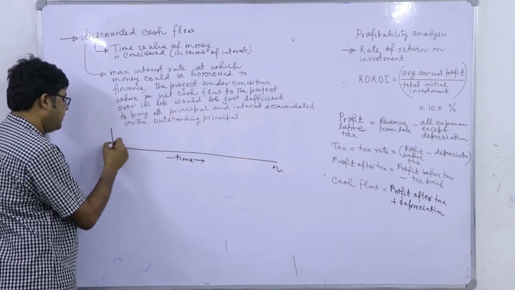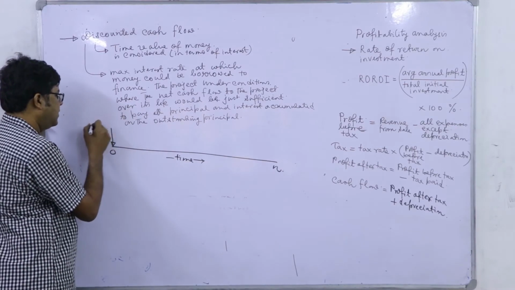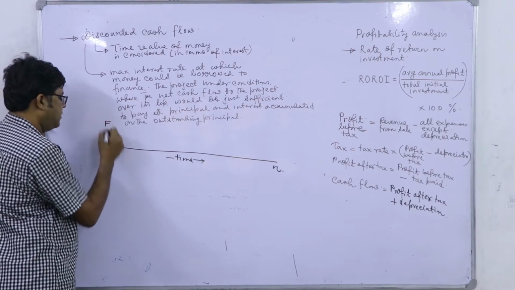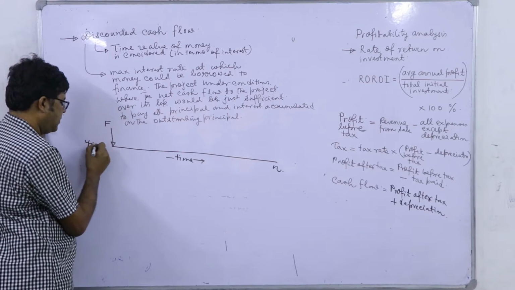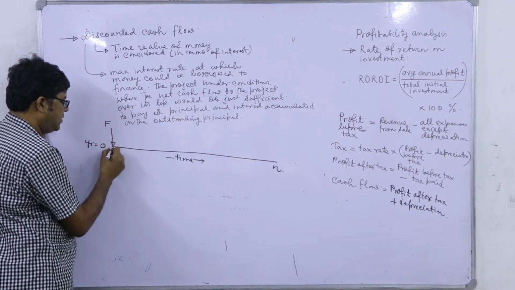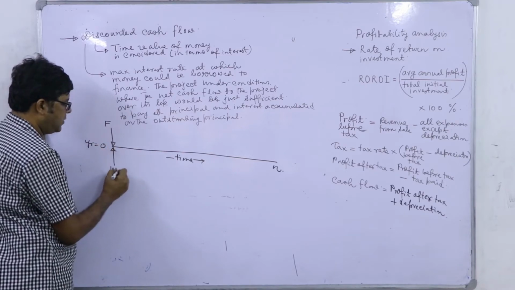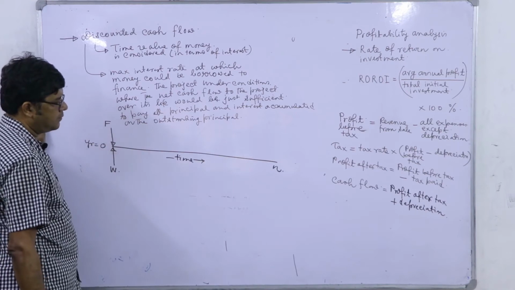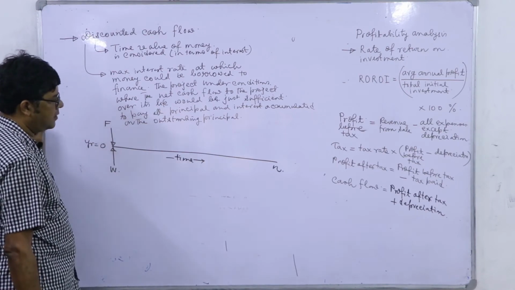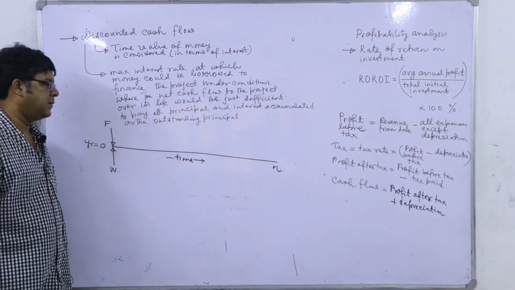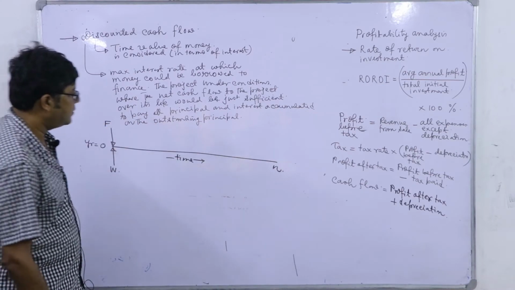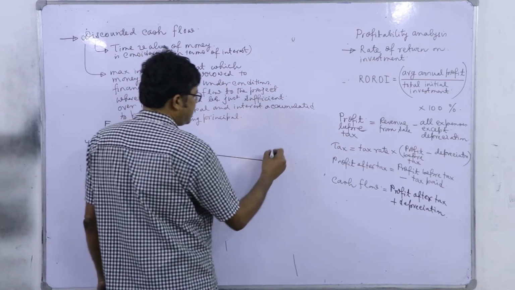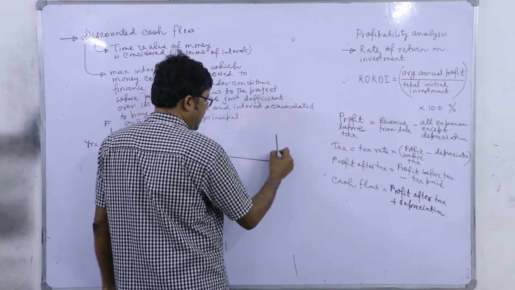Now, here you have invested fixed capital, you have invested working capital. Now, fixed and working capital both will accumulate the interest. So, here you should get back what?